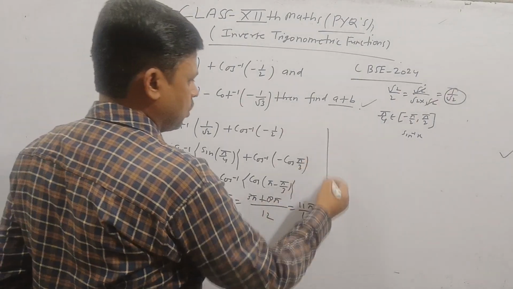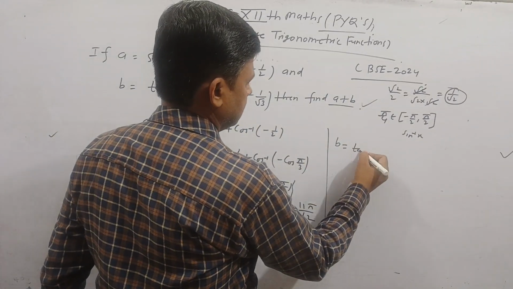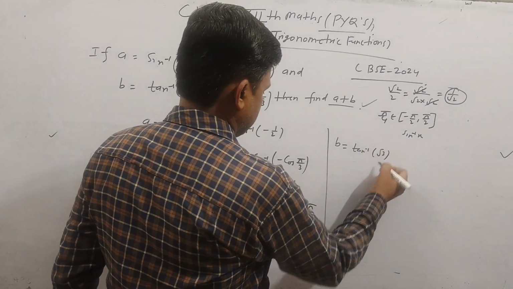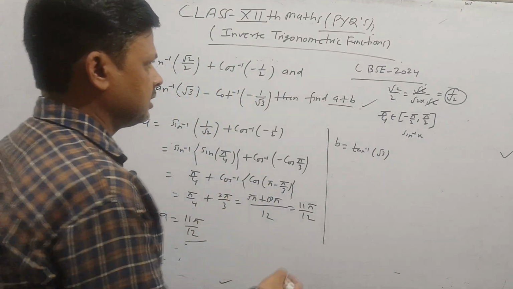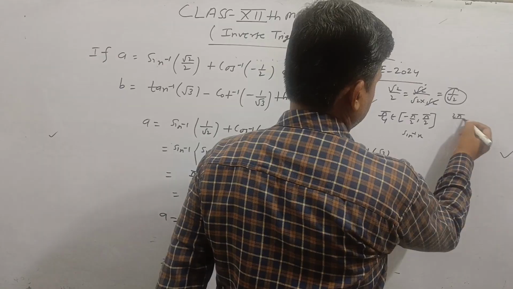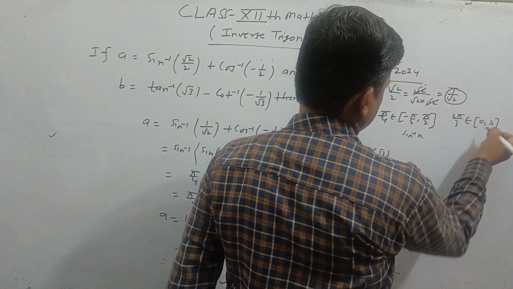Now what about B? B is given to you as tan inverse root 3 minus cot inverse minus 1 by root 3. Obviously 2 pi by 3 falls in the principal value range of cos inverse, because 2 pi by 3 belongs to the closed interval from 0 to pi.